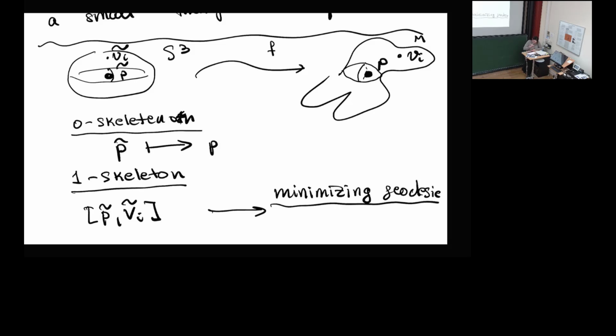Now let's see what this is. This is mapped to a closed curve.